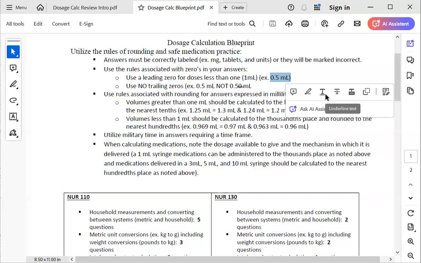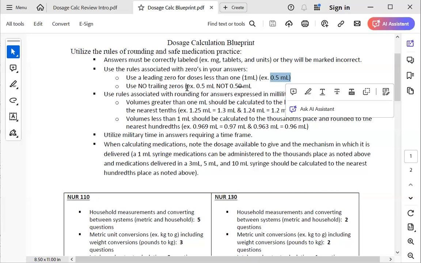And you might be thinking, well, why? What's the big deal? The big deal is that sometimes if you write that, or even if you type it, sometimes you don't see the decimal in front. It's very easily missed. And so you could over administer a medication if that were to happen in a clinical or real world situation.